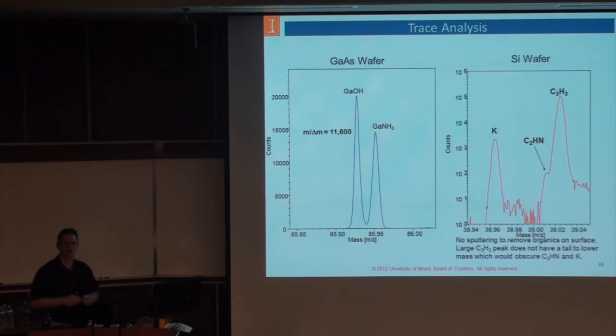A little rule of thumb for SIMS: organics tend to appear at slightly higher mass than the integer number, so slightly higher than the 39, whereas elementals, if they're heavier than carbon, show up slightly below. And that's one quick way you can say this is probably an elemental, or this is probably a molecular species.